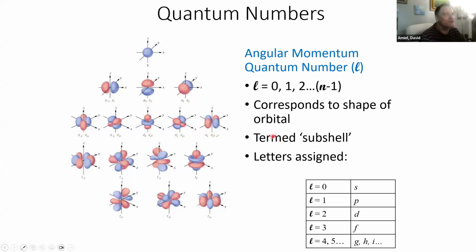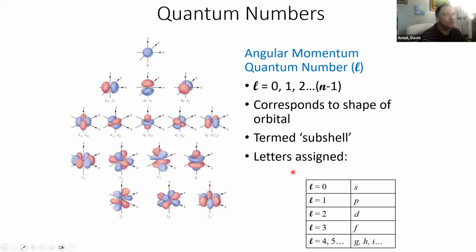L can only have certain values that you're seeing here all the way from 0, can't have a negative value for L. And it increases by an integer number, 1, 2, 3, and so forth, all the way up to n minus 1. These are termed subshells. The principal quantum number n is the principal shell, and the other quantum numbers are subshells, shells within shells, if you will.